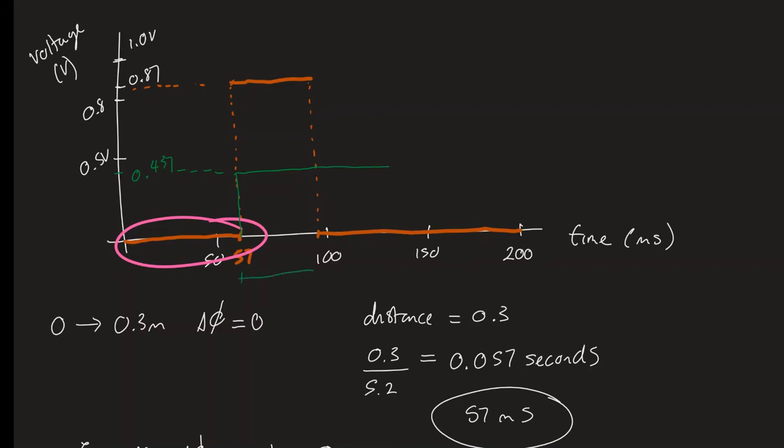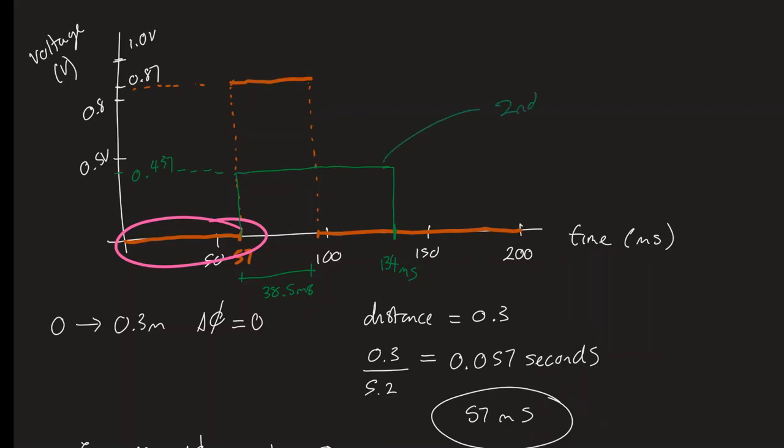So instead of just being that 38.5 millisecond run of voltage, it's going to be twice that. So we're going to end up with 77 milliseconds. So going from 57 to 77, that will take us up to 134 milliseconds.